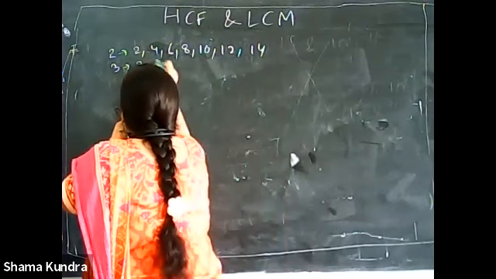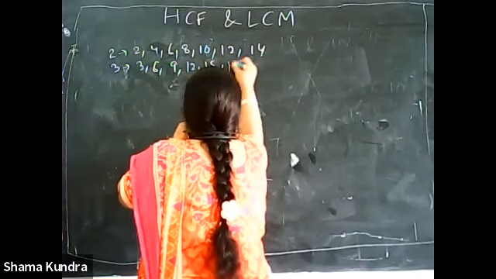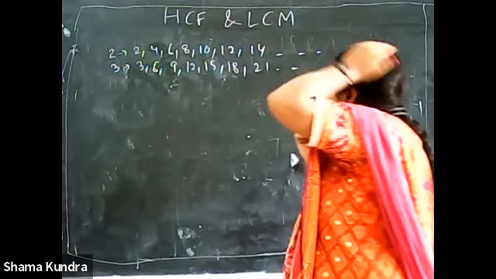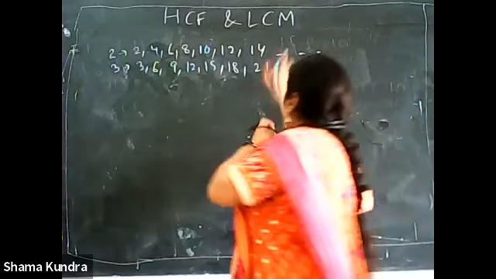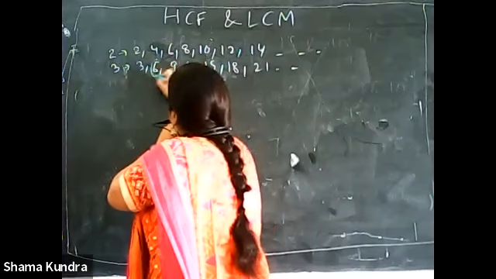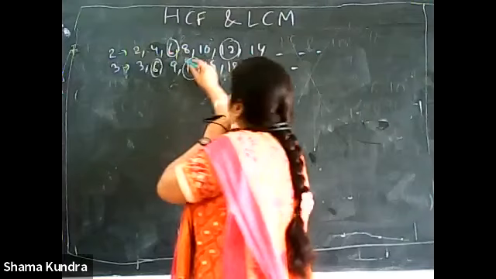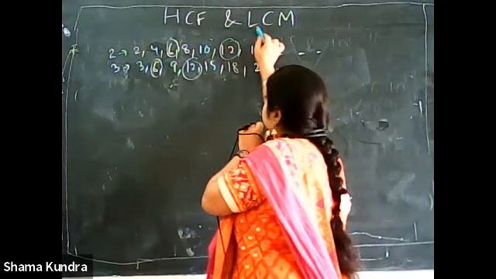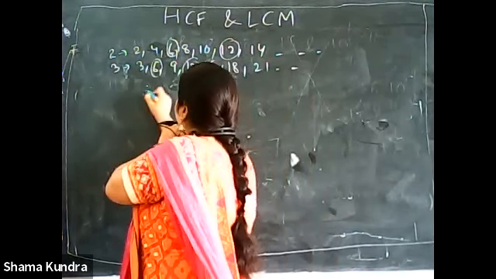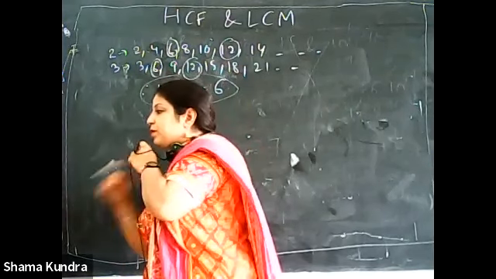Write down multiples of 3: 3, 6, 9, and so on. Now observe carefully what the common multiples are. Next step is to find the common multiples. First is 6, next 12, and we want the least. Clearly 6 is the least among these common multiples, therefore the LCM will be 6. This is the concept behind LCM.